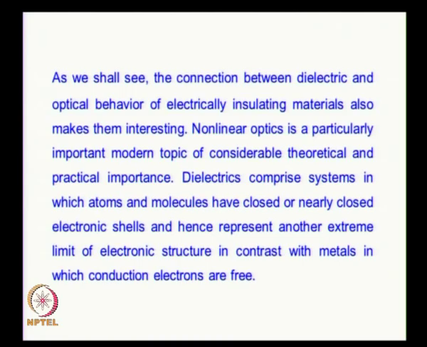Dielectrics comprise systems in which atoms and molecules have closed or nearly closed shell structure for electrons, and therefore they represent another extreme limit of electronic structure in contrast with metals in which conduction electrons are free.